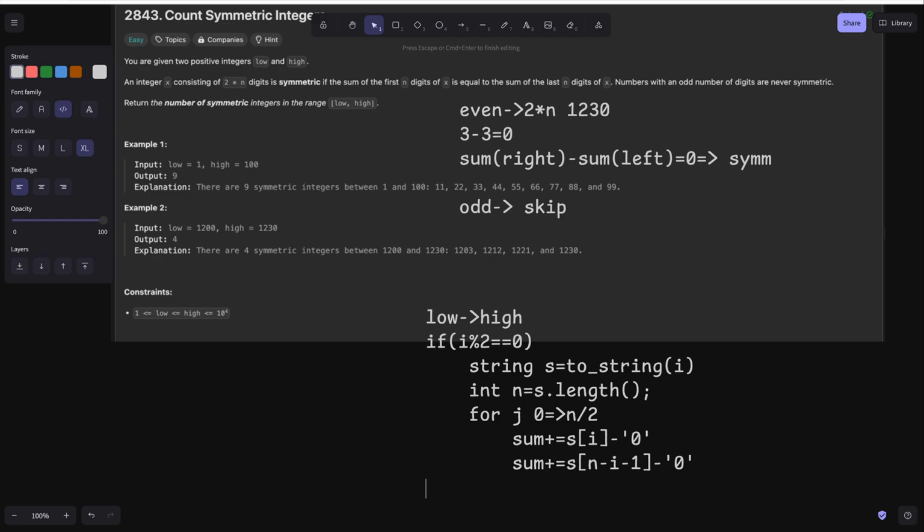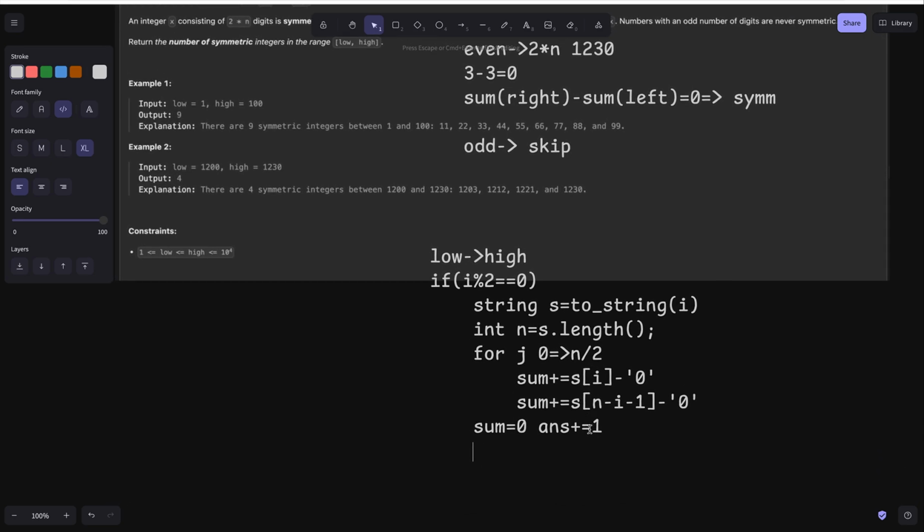After this loop completes, we check if our sum is equal to 0 or not. If it is, we increment our answer. Like this, we keep calculating our answer and return it at the end. So this is one logic which would work.